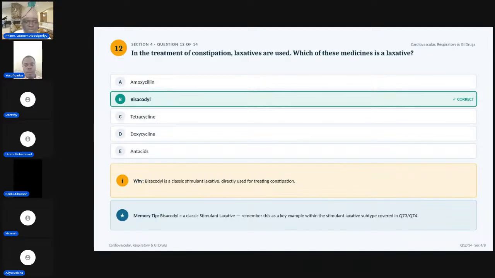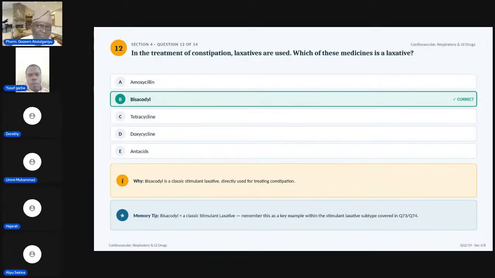So the next question says, in the treatment of constipation, laxatives are used. Which of these medicines is a laxative? Bisacodyl is a very odd one there. What brand name is common with Bisacodyl?